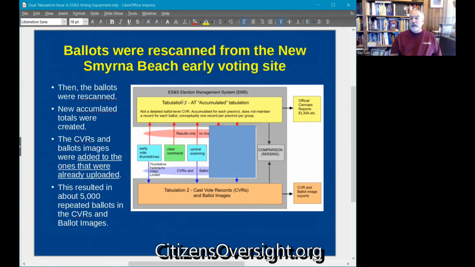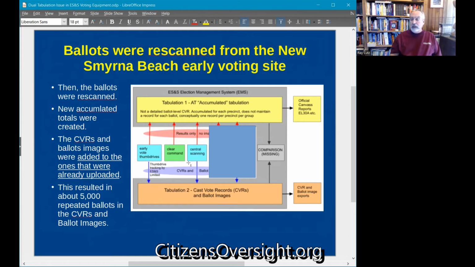Next step was they rescanned all of the ballots from the New Smyrna Beach early voting site, and in that case they were scanned, and we got new aggregated totals that came in, and we had new cast vote records and ballot images. But that first thumb drive was already in here.